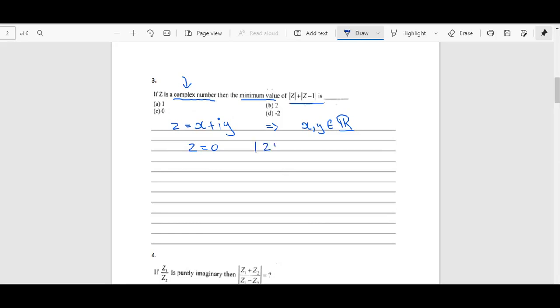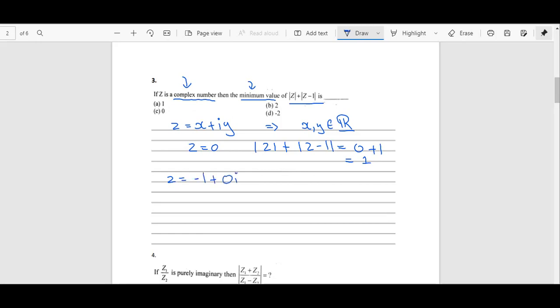So mod z plus mod z minus 1 is going to be 0 plus 1, because 0 mod would be 0 and mod minus 1 would be 1. So I am going to get 1. All right. Now let's say I want to find the minimum value. What if I keep y 0 and I keep x as 1, that is, 1 plus 0 iota?